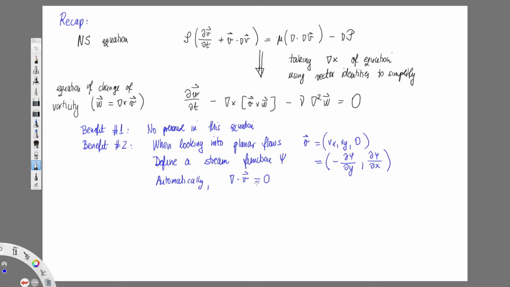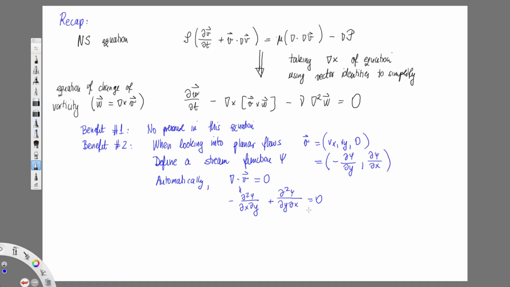Well, I would take partial x of the first component plus partial y of the second component, and since I can interchange the order of taking partial derivatives, I can see immediately that the terms cancel, and that is 0.